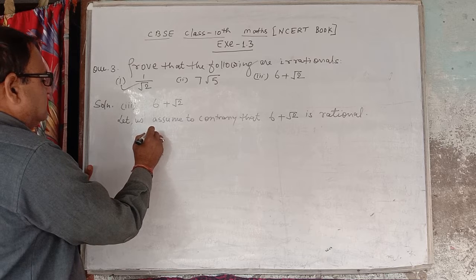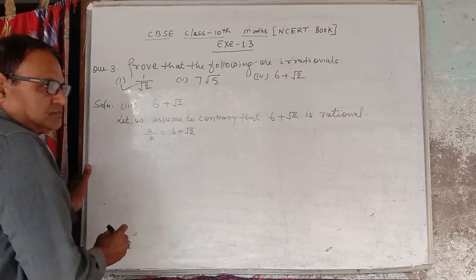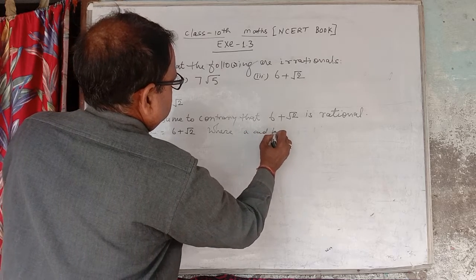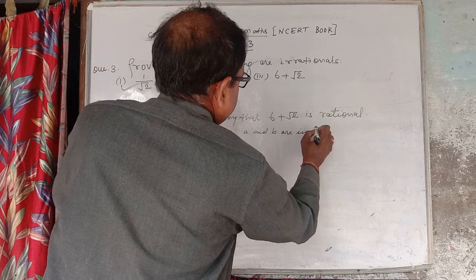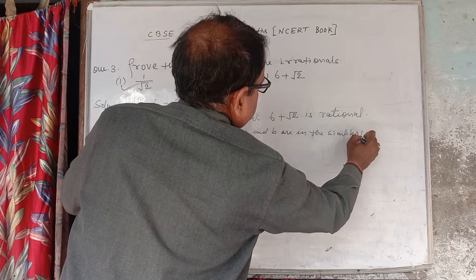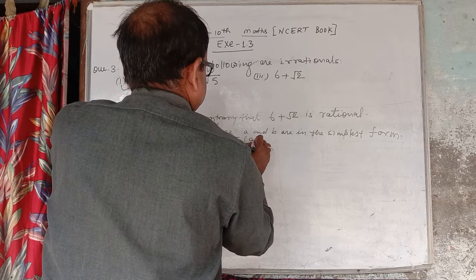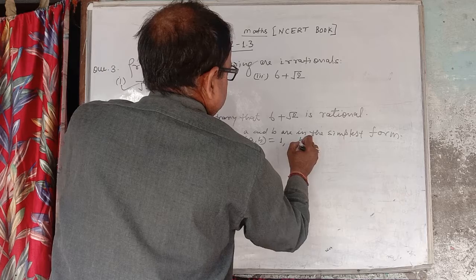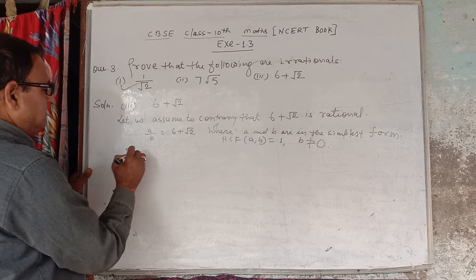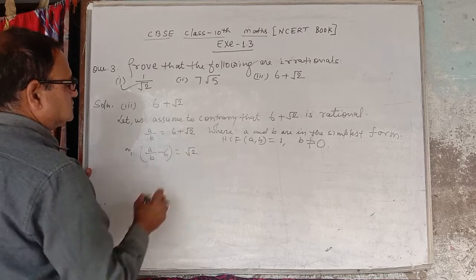It can be written in the form of a by b, and a by b is equal to 6 plus root 2, where a and b are in the simplest form, HCF of a and b is equal to 1 and b is not equal to 0, or a by b minus 6 is equal to root 2.